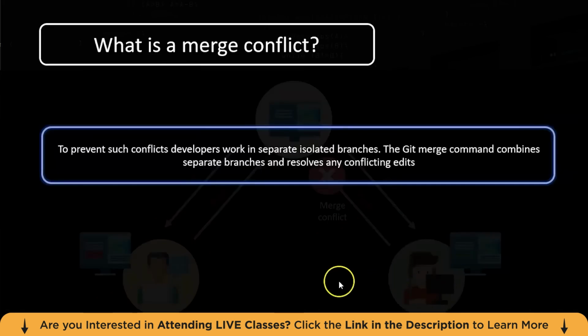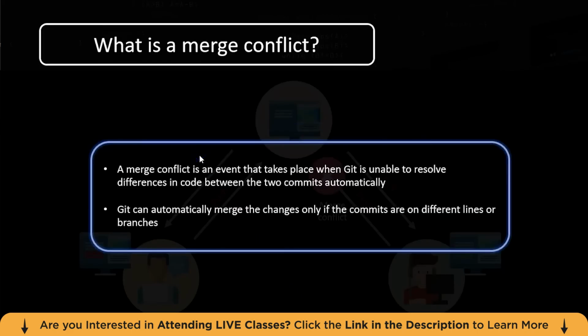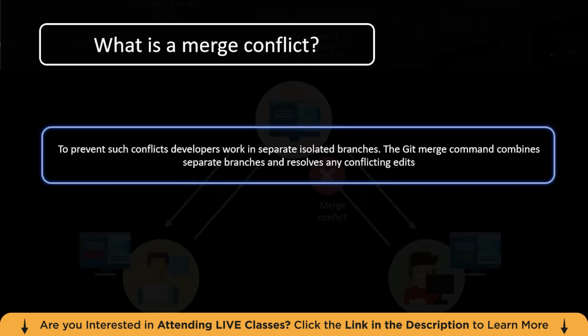In order to prevent such conflicts, developers are usually provided with isolated branches so that they can work on their branches, and once the development is done, they can do a single merge and sync their changes into a single branch. So the git merge command combines separate branches and resolves any conflicting edits.